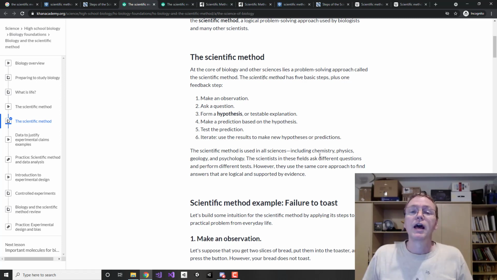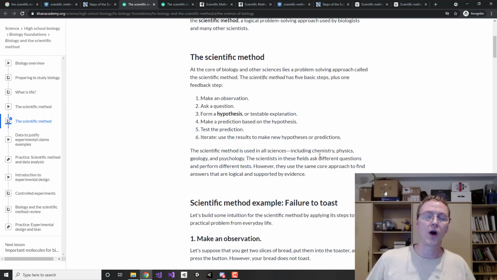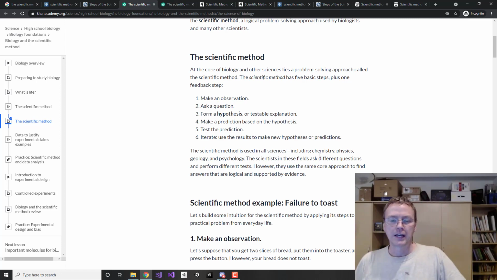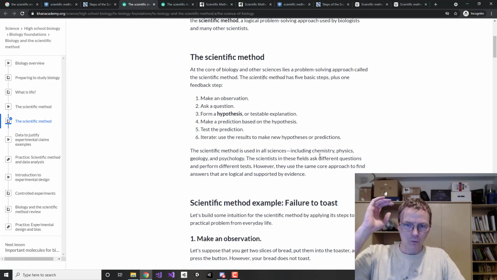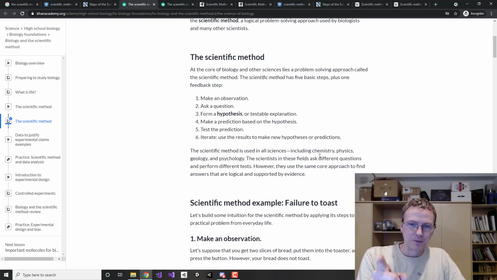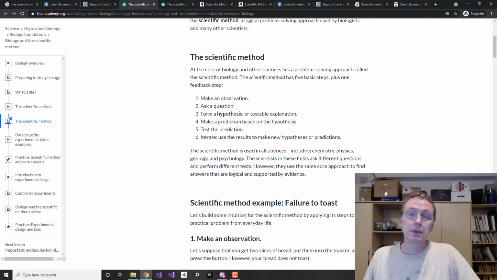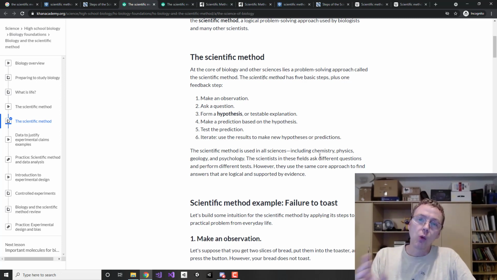They're all different. Every single time you go and look for what the scientific method is, it's different. Now, think about that for just a minute. Why is that? Could it be that there is no one single specific scientific method that we all follow?